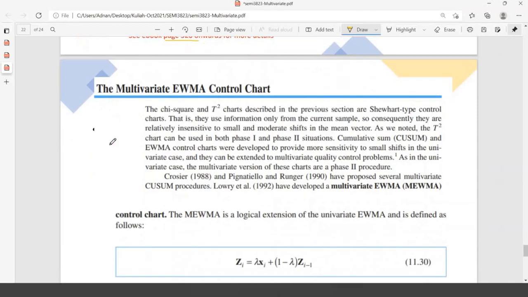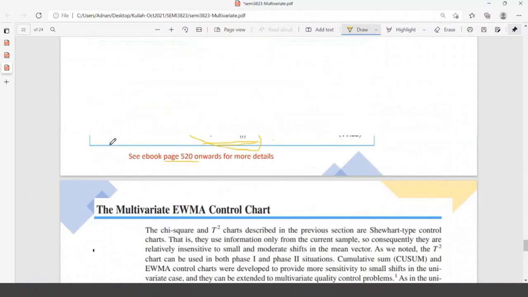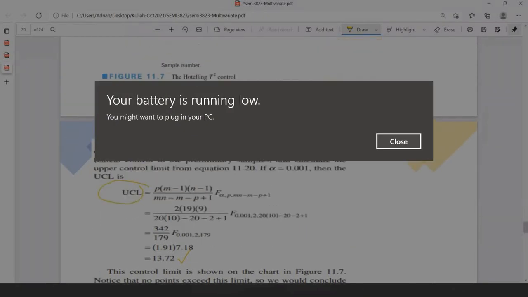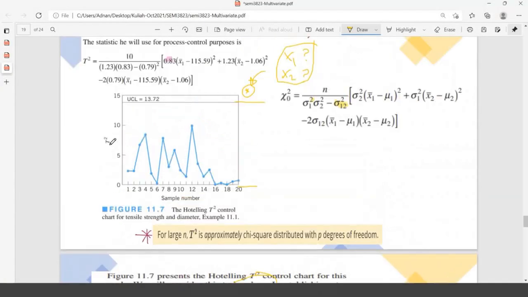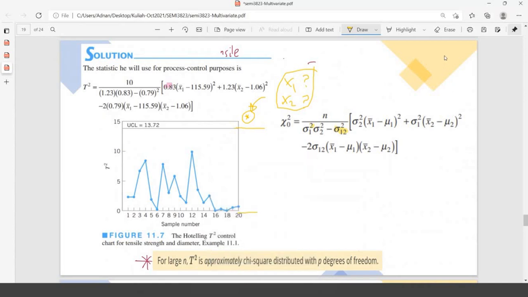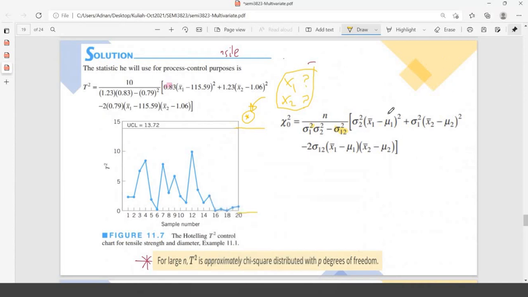Doctor, for the previous example, what are mu1 and mu2? Mu1 and mu2 are actually estimated from the stable process. You mean here? Yes, Doctor.